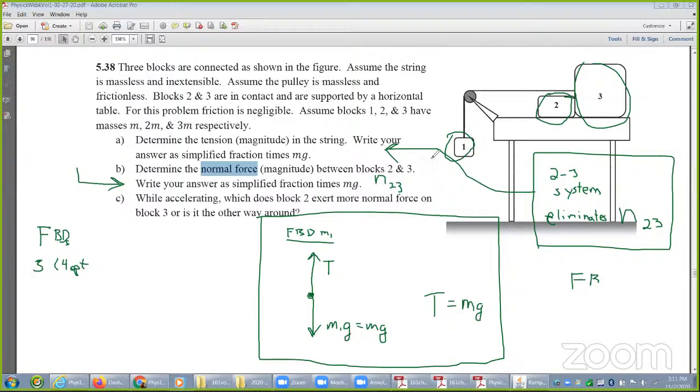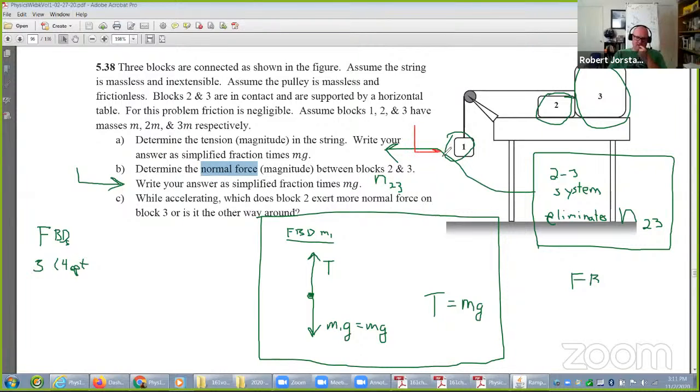I was going to, so if it's accelerating. How about I just say this? I'll just put my coordinate system like this. That's legal, right? Any coordinate system is legal. You could also do it like this. You could also do it like this.